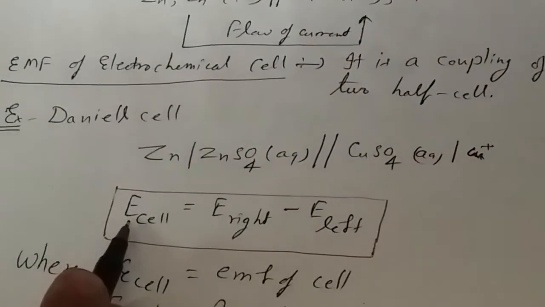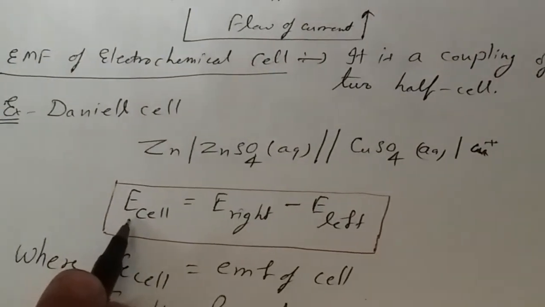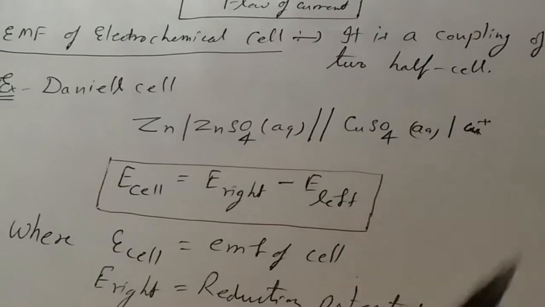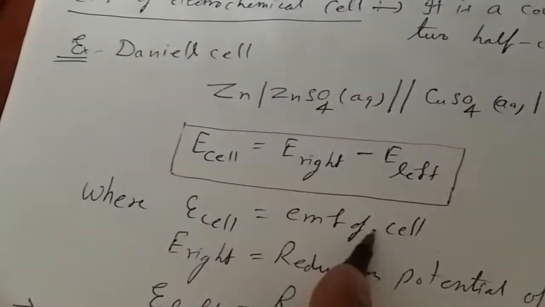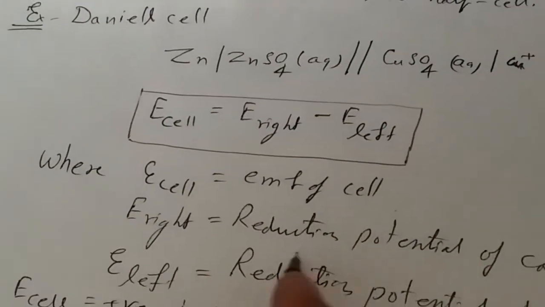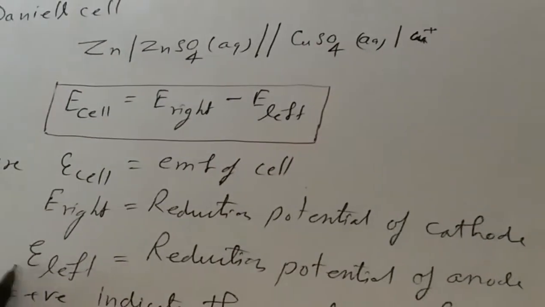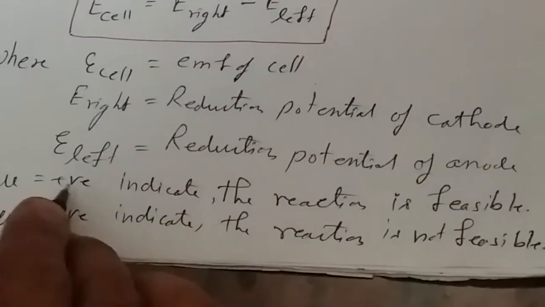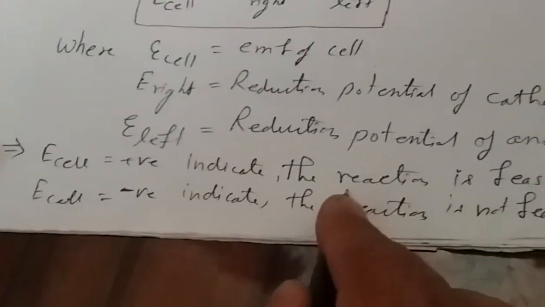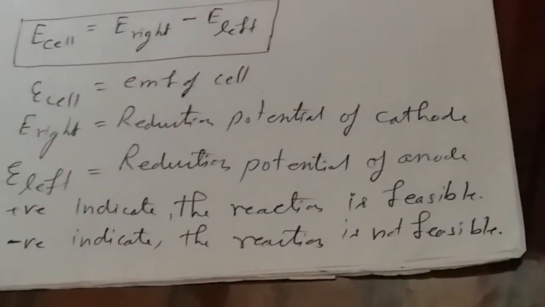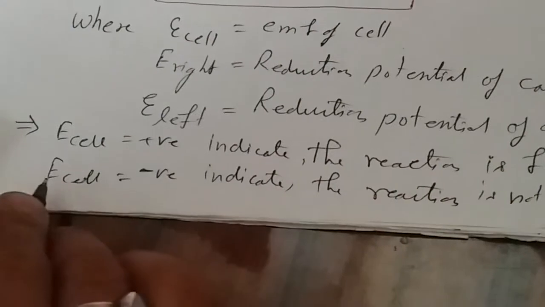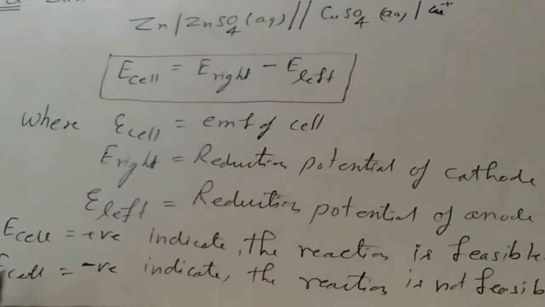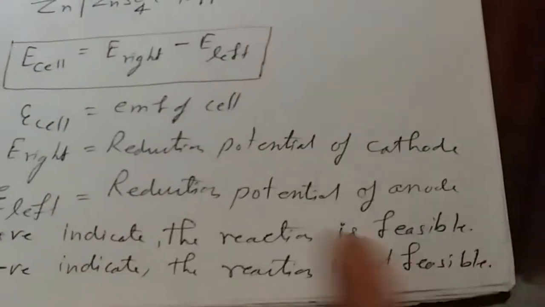So the EMF of the cell is E cell equals E right minus E left, where E cell is the EMF of the cell, E right is the reduction potential of the cathode, and E left is the reduction potential of the anode. If E cell is positive, it indicates the reaction is feasible, and if E cell is negative, it indicates the reaction is non-feasible.